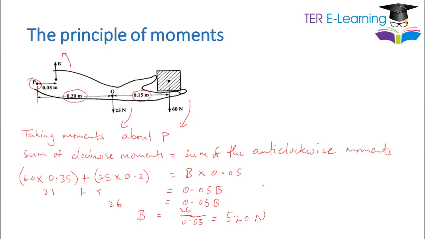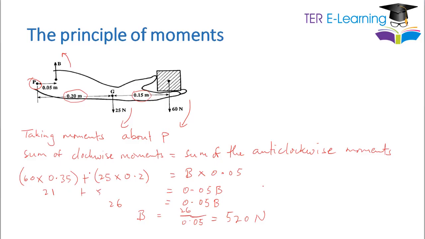Hopefully that's correct there. And that number is looking a little big. So it's 520 newtons, right? That's the amount of force the bicep needs to use in order to keep the arm horizontal in this case here. Alright, so let me just double check that. So that's 60 by 0.35, 25 by 0.2.